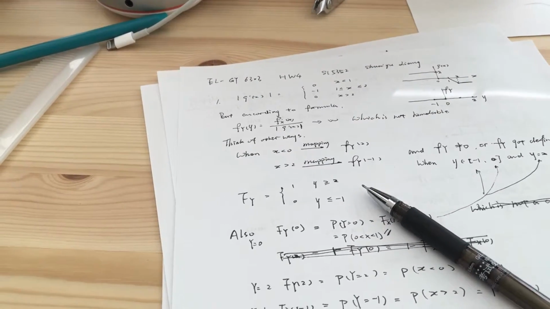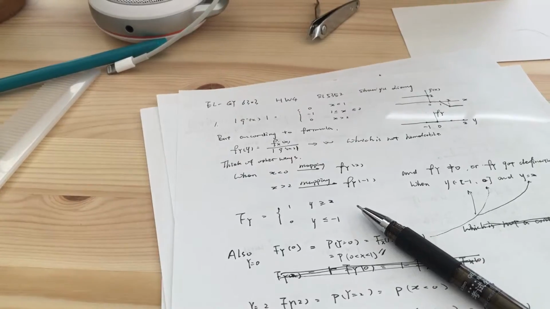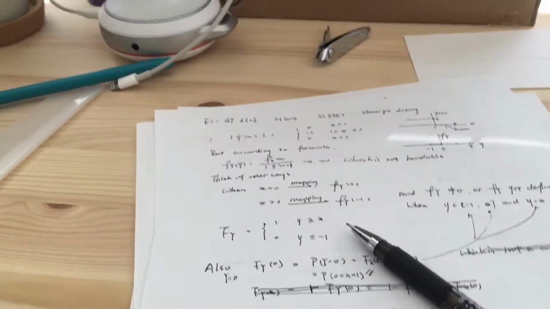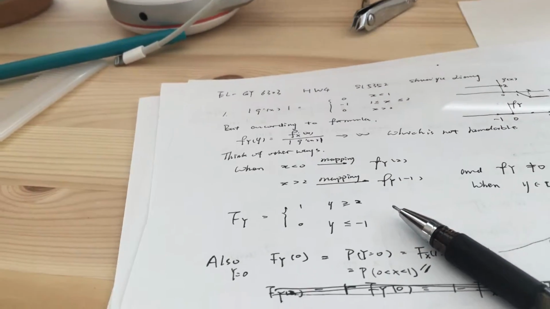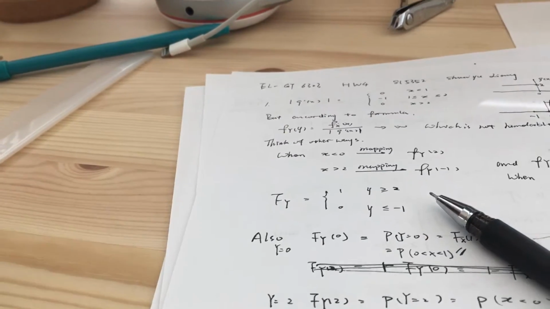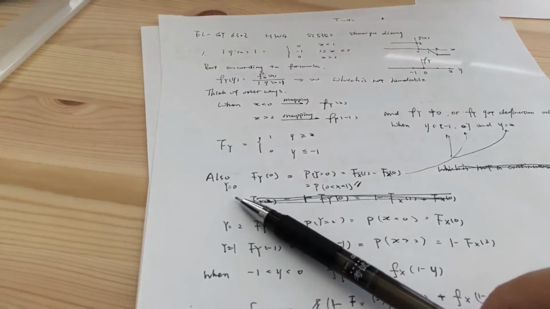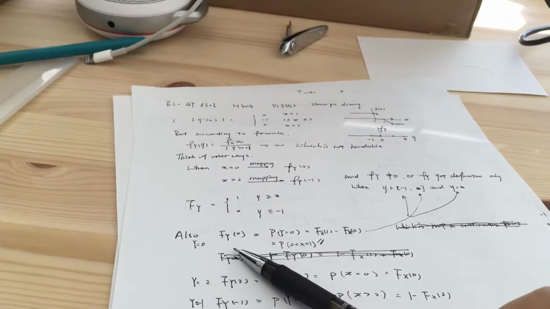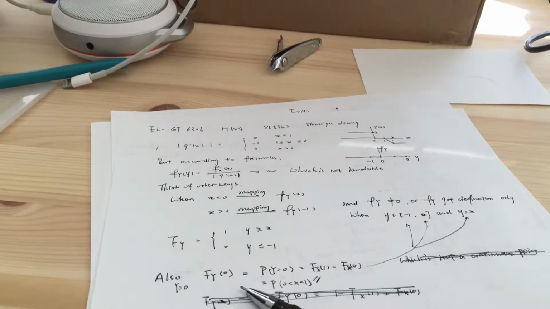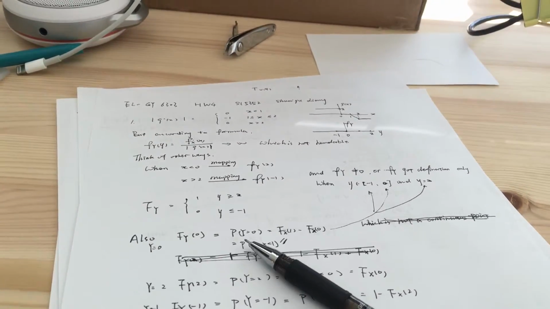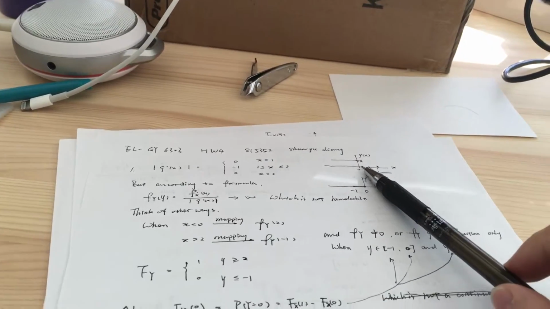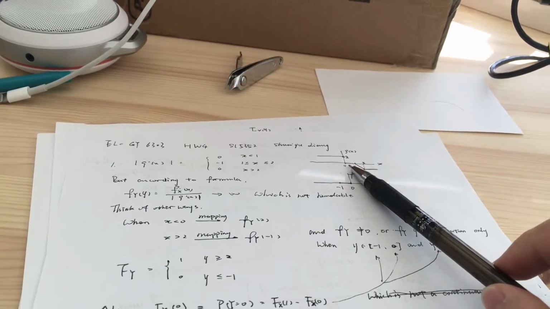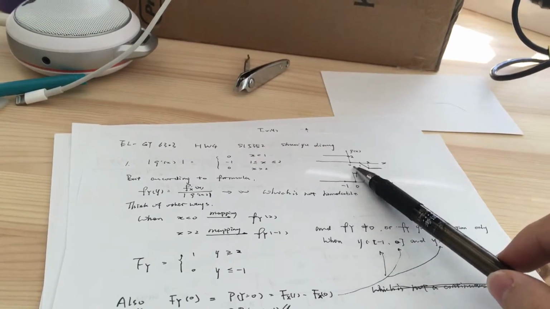distribution function, that is capital F_Y, and then using the cumulative distribution function to derive the probability density function. Then we find that when y equals 0, capital F_Y at 0 is the probability of y equals 0, and you can easily find that x is in the interval of 0 and 1.